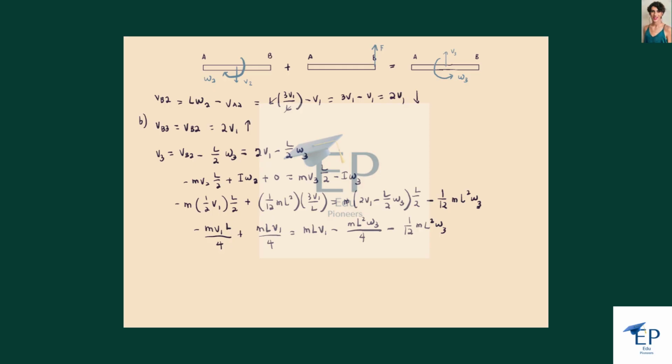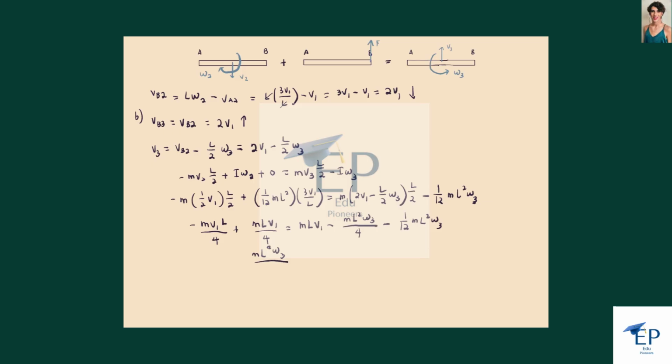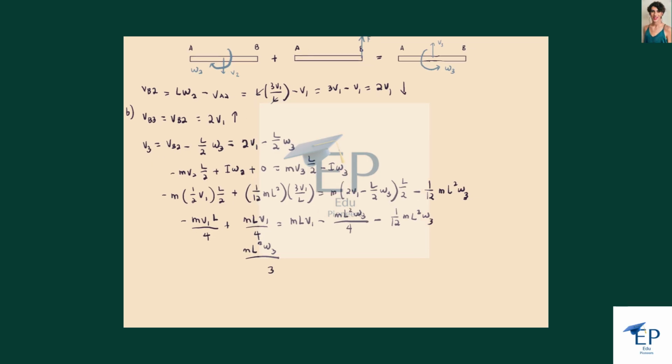So our equation would become ml squared omega 3 over 3 equals m l v1. From here, we can get omega 3.